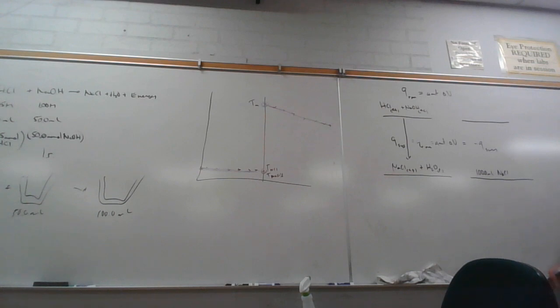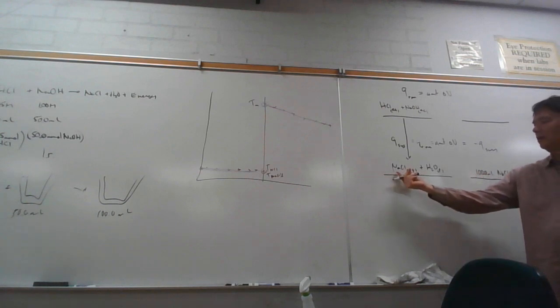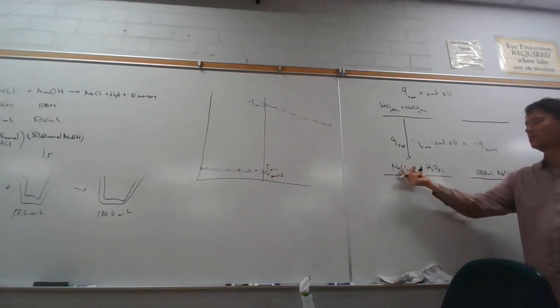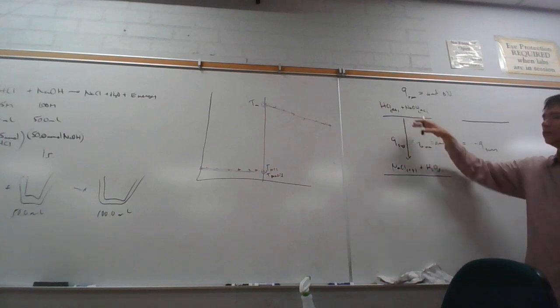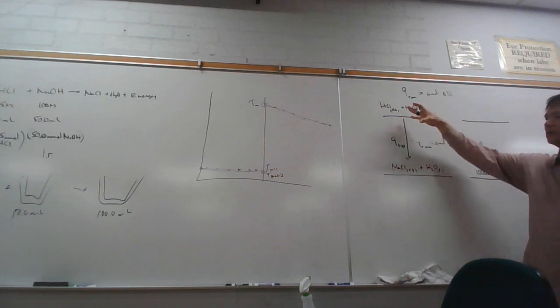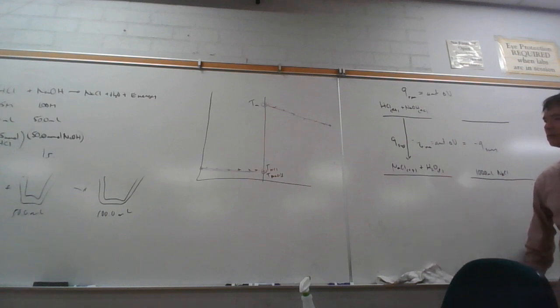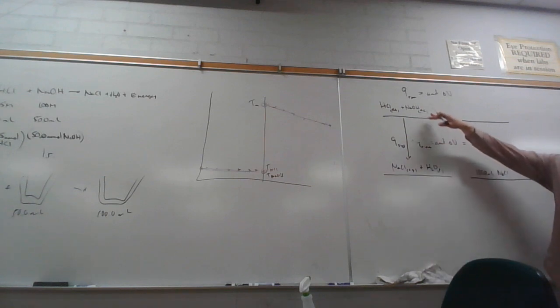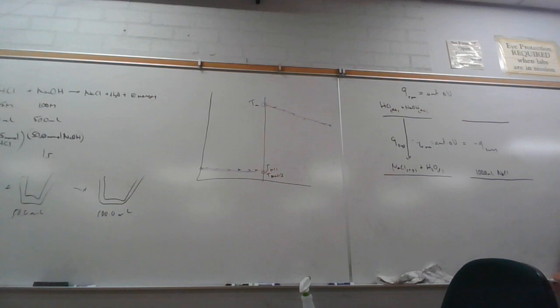Even though you go, isn't that part of the system? No, it's not part of the system. The system's the reaction. Once the reaction's done, the system disappears, and we're just left with surroundings. So once this reaction's over with, there's no more reaction left. The surroundings are going to be the product solution, 100.0 milliliters of sodium chloride.